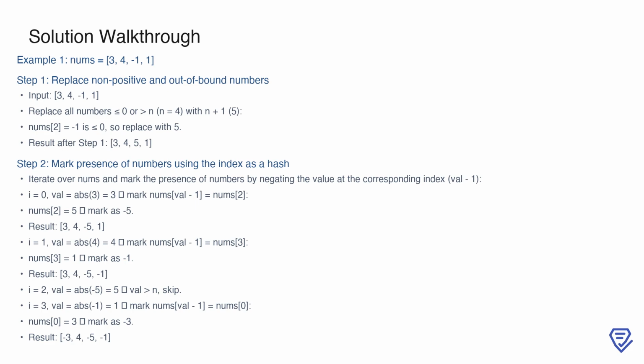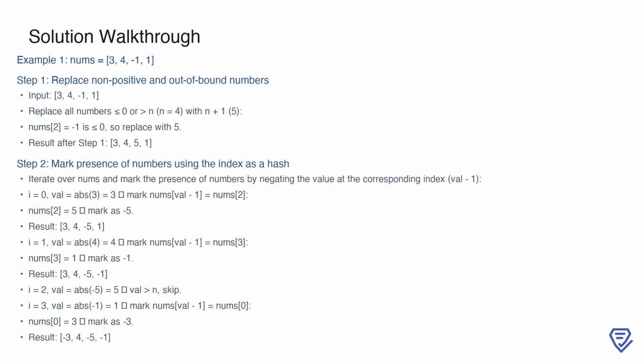Next, we mark the presence of numbers using the indices of the array as a hash. For each number, we calculate its absolute value, use it to find the corresponding index in the array, and negate the number at that index to indicate that the value exists. Starting with i equals 0 and val equals 3, we mark nums[2] by negating it, resulting in 3, 4, -5, 1.